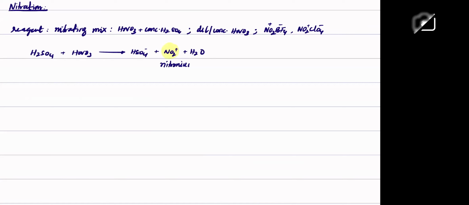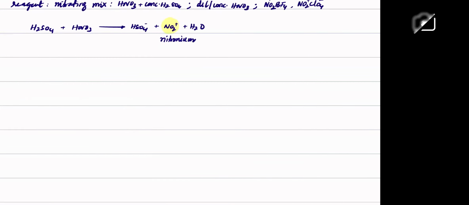So the nitronium ion is created, and based on it you should know what product we can get. For example, if NO2+ is treated with various reagents, starting with benzene, you will get nitrobenzene.